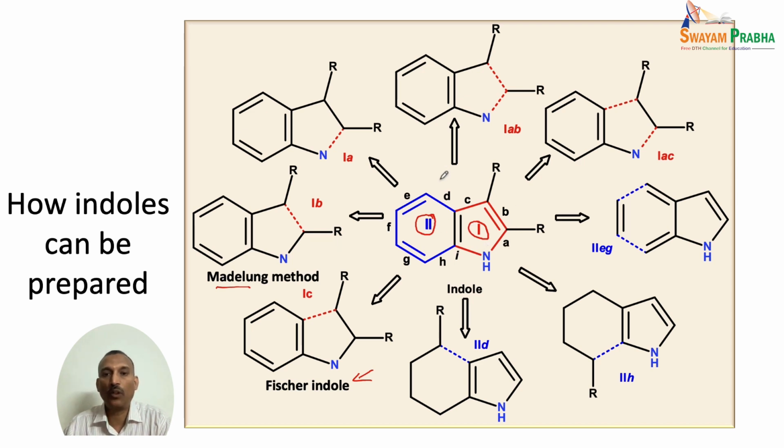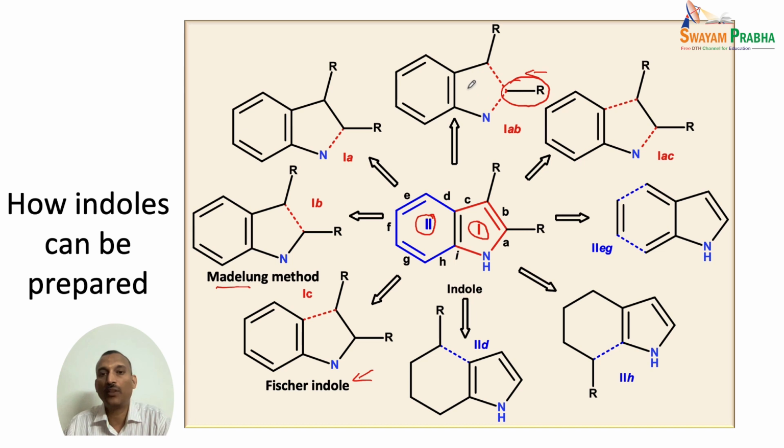If we look at the retrosynthetic scheme, or a probable way of forming this bicyclic compound, we have various permutation combinations possible. In one combination, for example 1A and B, the bonds A and B are formed with one particular unit which is coming from the outside.